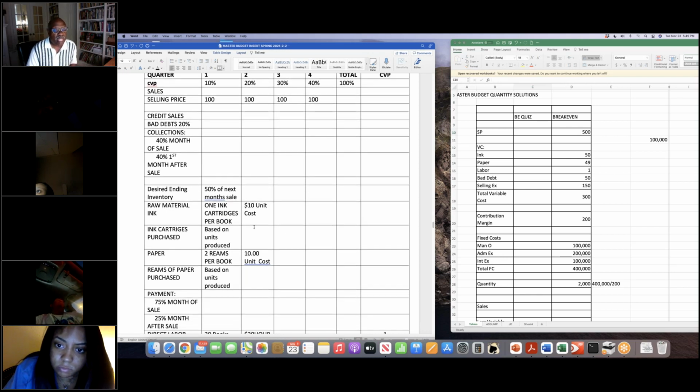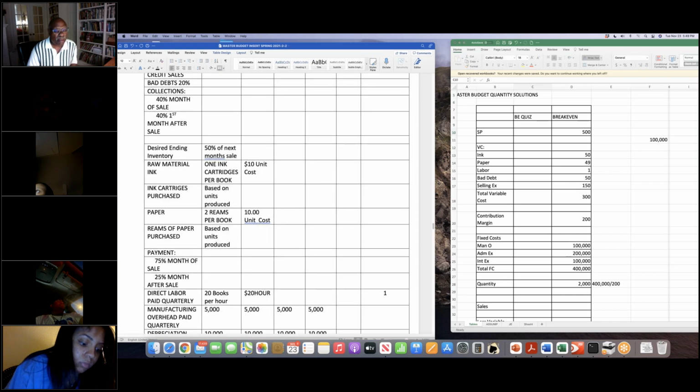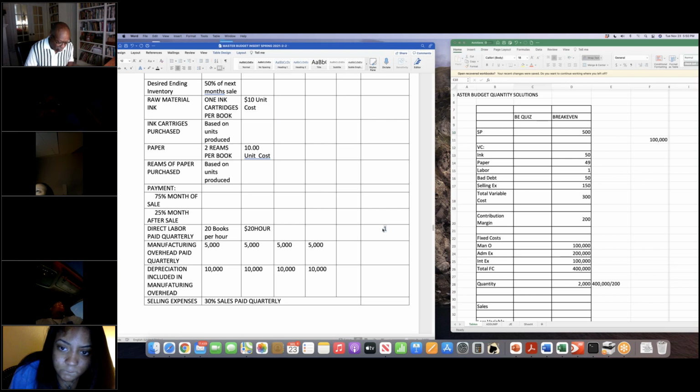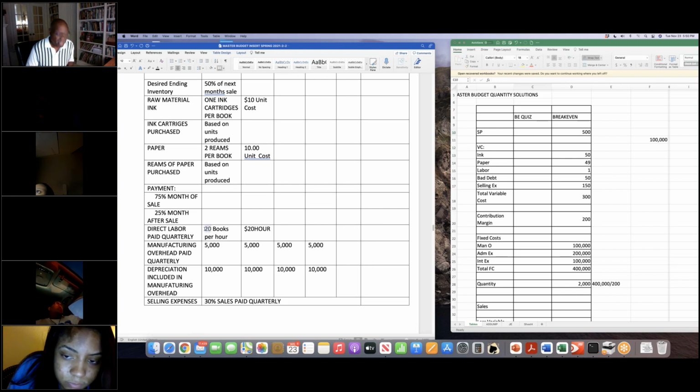It takes 1 ink cartridge, 2 reams of paper, and let's assume that we can make 10 books an hour. So we're making 10 books per hour.